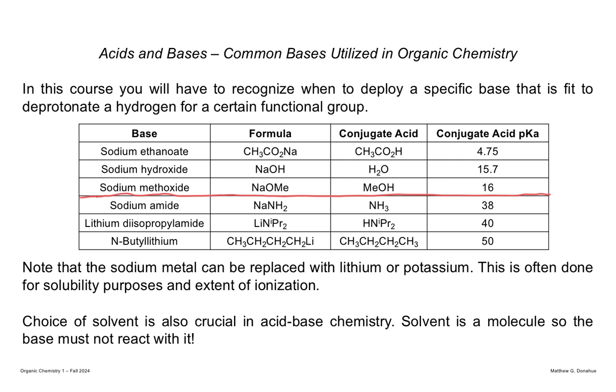So the first three bases are all oxygen-based, so O minus. The first one's called sodium ethanoate. And so there's its structure. Where do I have space here? Maybe down here.